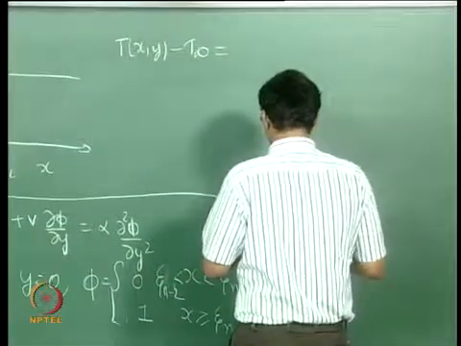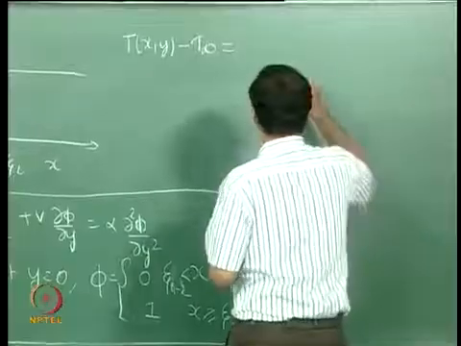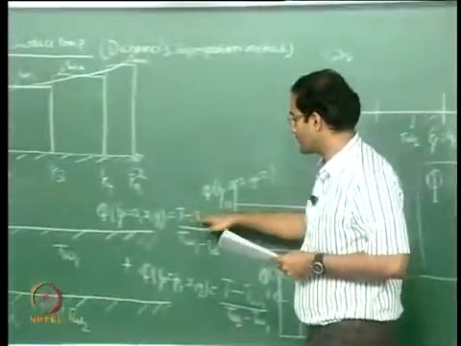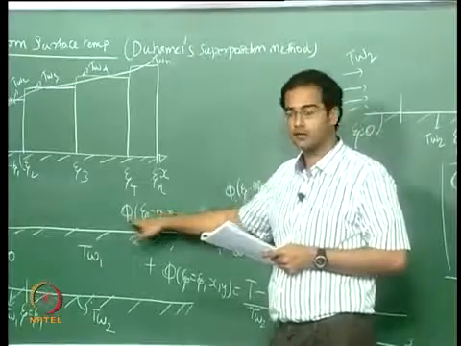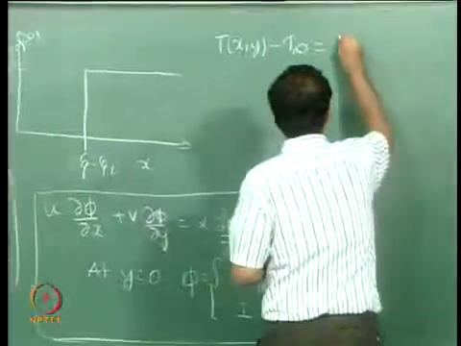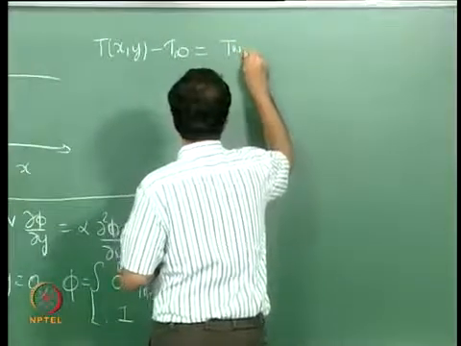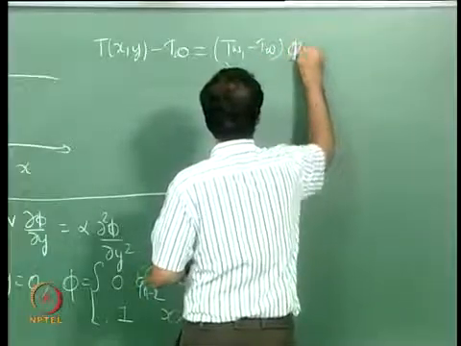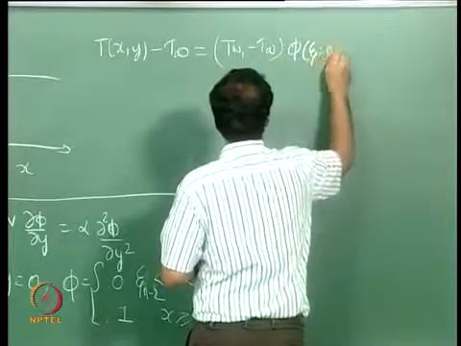For the case where zeta equal to 0, how do we express T minus T infinity? T minus T infinity is phi zeta equal to 0 times T wall 1 minus T infinity. So this is T wall 1 minus T infinity into phi zeta equal to 0 x comma y.